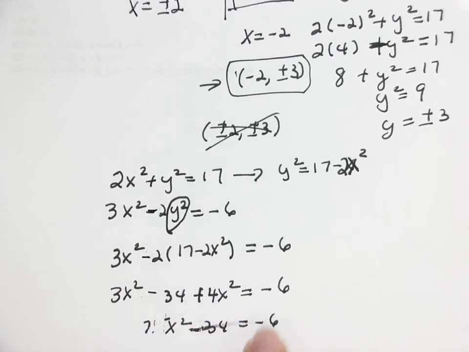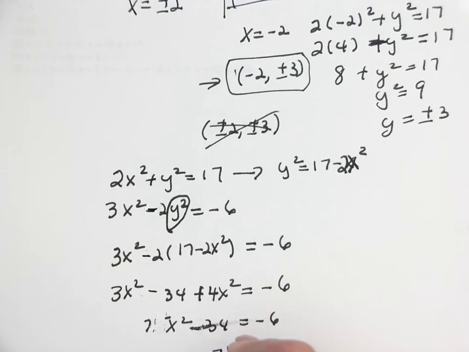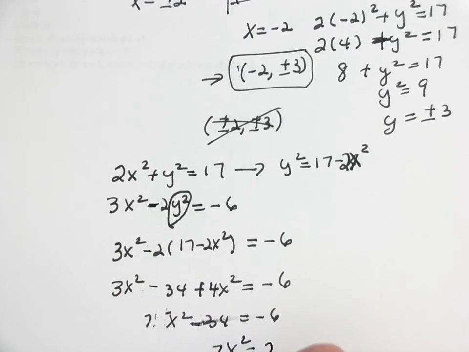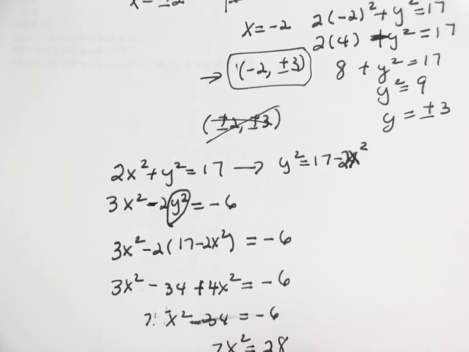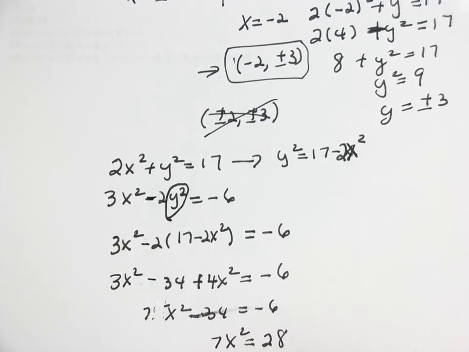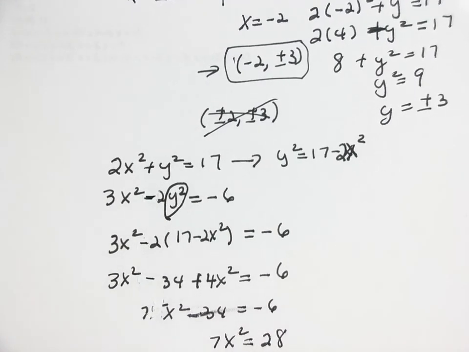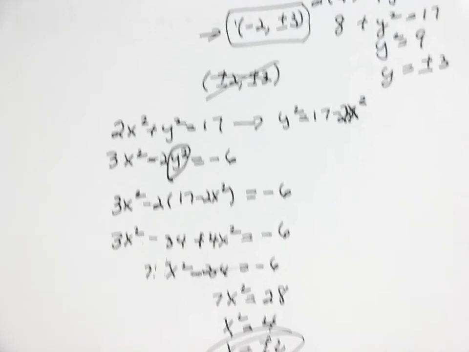Right. So when I add 34, I get 7x squared equals 28, and x squared equals 4. So x is plus or minus 2. So I end up in the same place.